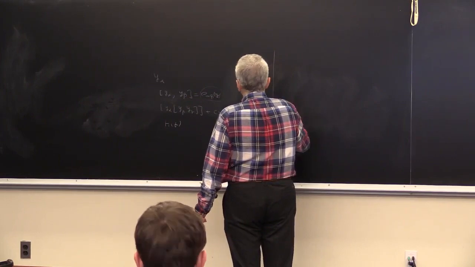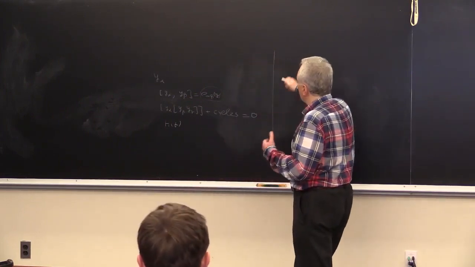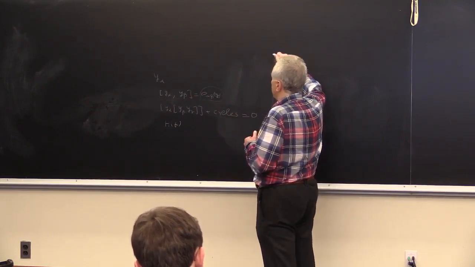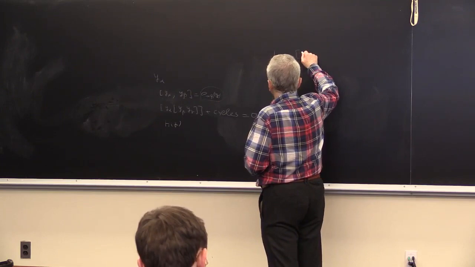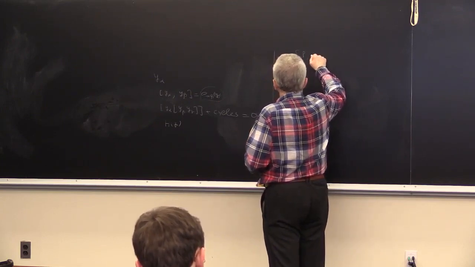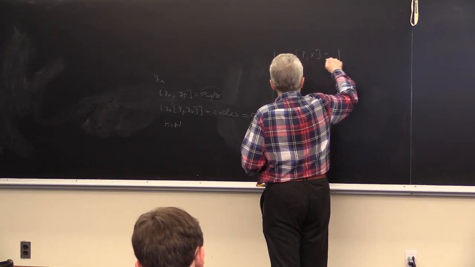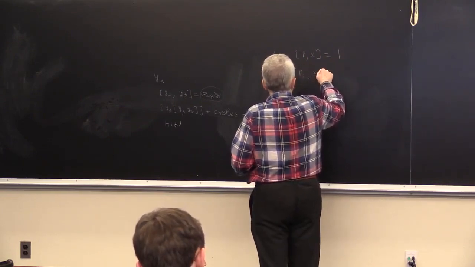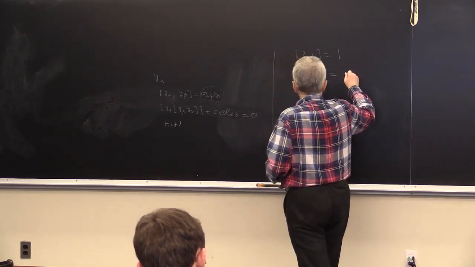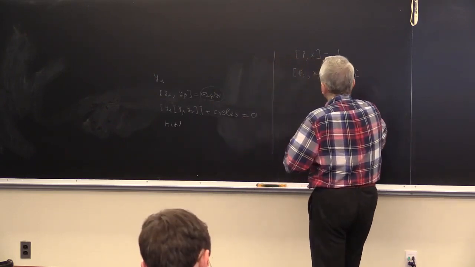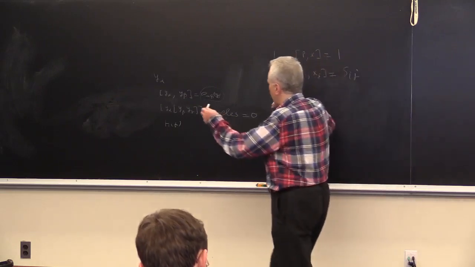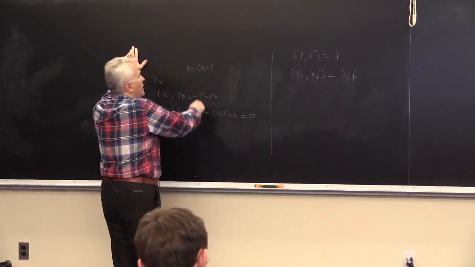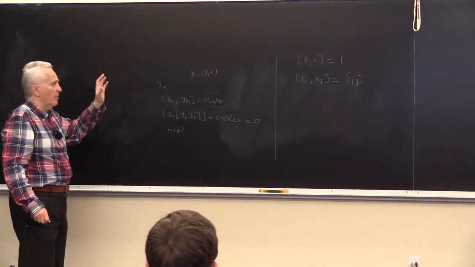And the most typical example, which covers the vast number of examples, is of a simple type. You have the bracket of p and x equal to 1, or more precisely, if you have many degrees of freedom, you have a Kronecker delta, and all other brackets vanish. You split the y's, so y is p and x. I'm just repeating what I said a couple of lectures ago.